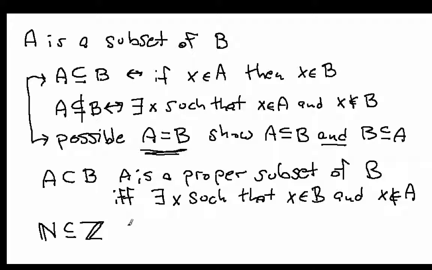Can you think of one? Sure. What about -3? Okay, -3 is not a natural number. So we can actually conclude from this that the natural numbers are actually a proper subset of the integers.